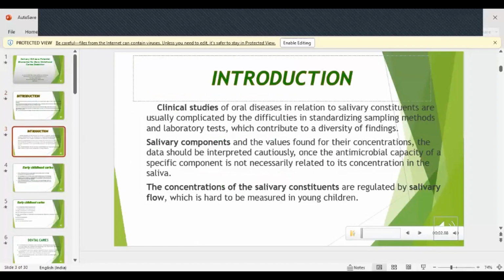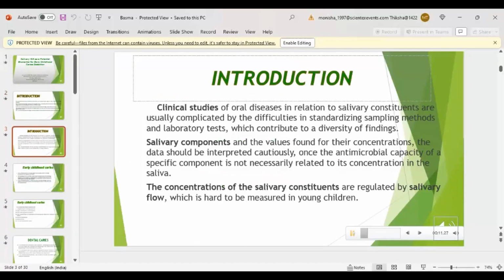So, clinical studies of the oral disease in relation to salivary constituents are usually complicated by the difficulties in standardizing sampling method and laboratory tests, and contribute to diversity of findings.